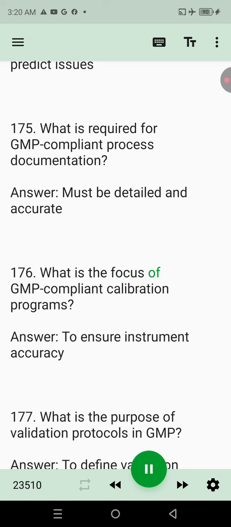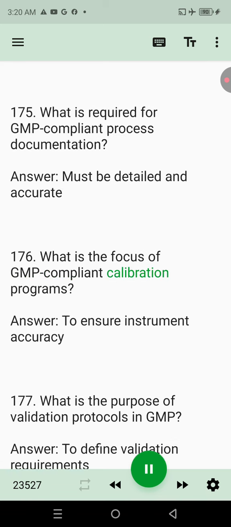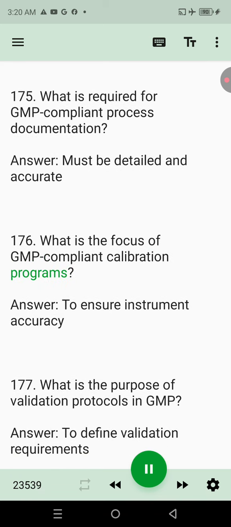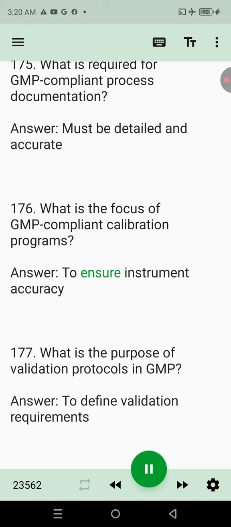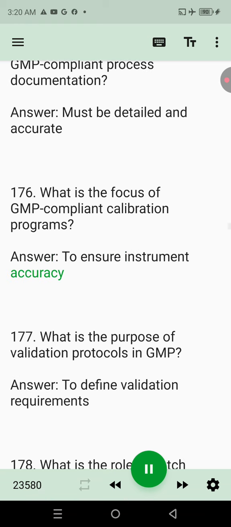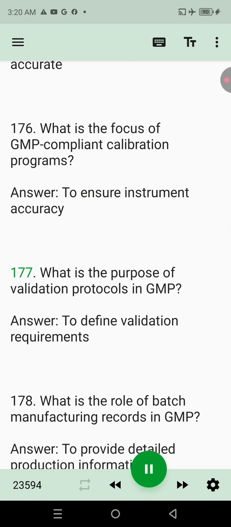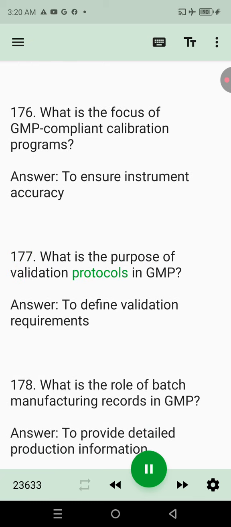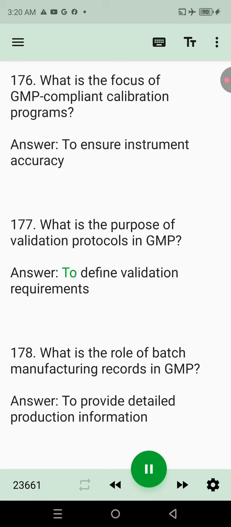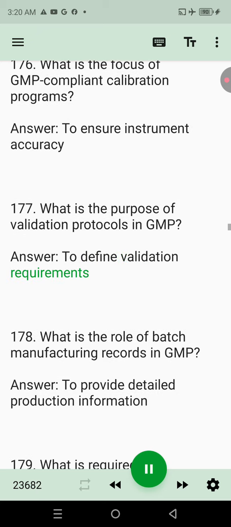What is the focus of GMP compliant calibration programs? Answer: to ensure instrument accuracy. 177. What is the purpose of validation protocols in GMP? Answer: to define validation requirements.